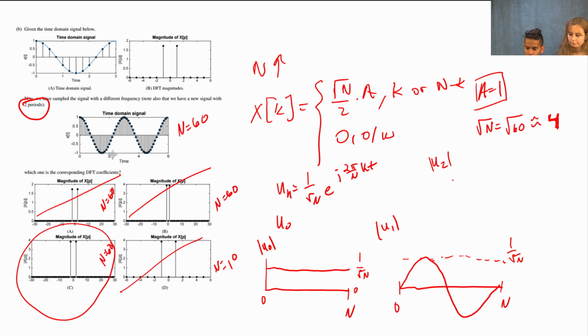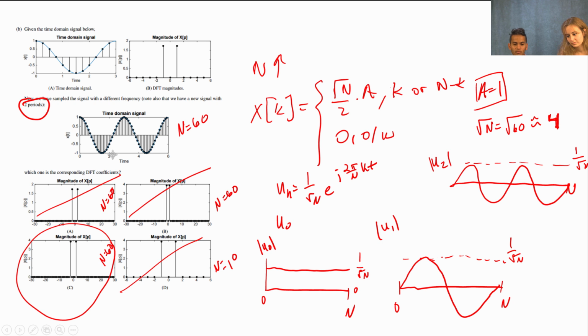So u2, drawing it out, you end up with... Not right. Let me try that again. I'm not good at drawing. Okay, here you go. So again, 1 over root n.